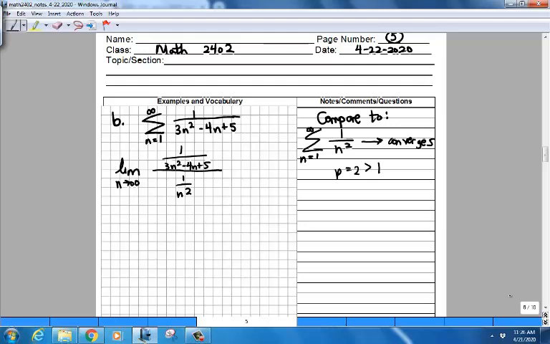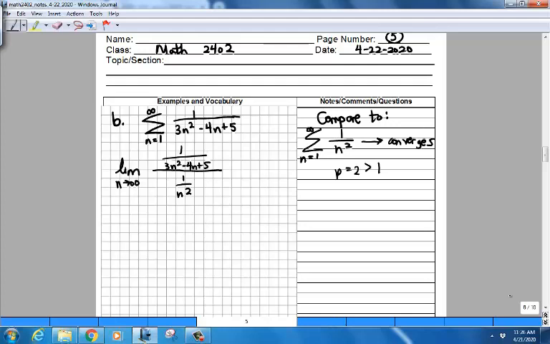If it's less than or equal to 1, the p-series diverges. So I already know that this series converges, and I'm hoping to use my knowledge of this series to check on this series.